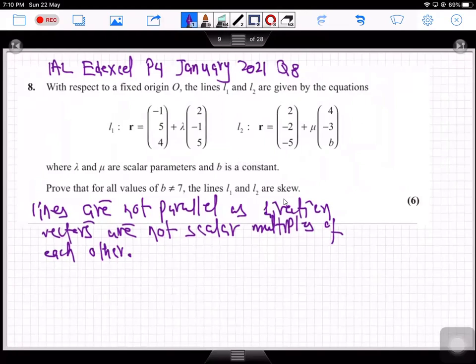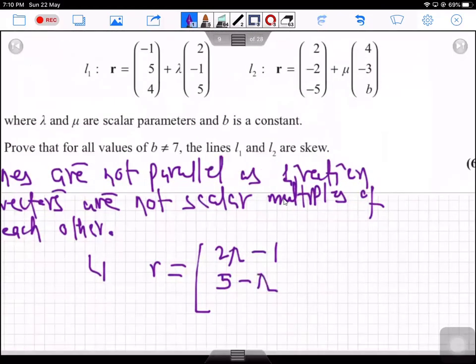So first of all, I'm going to write the equations of the lines in expanded form. L1 equation is supposed to be r equals (2 lambda minus 1, 5 minus lambda, 4 plus 5 lambda).